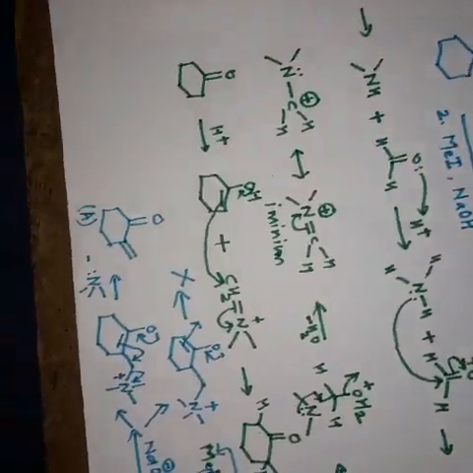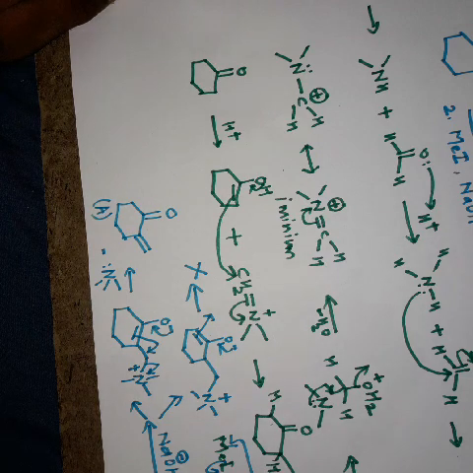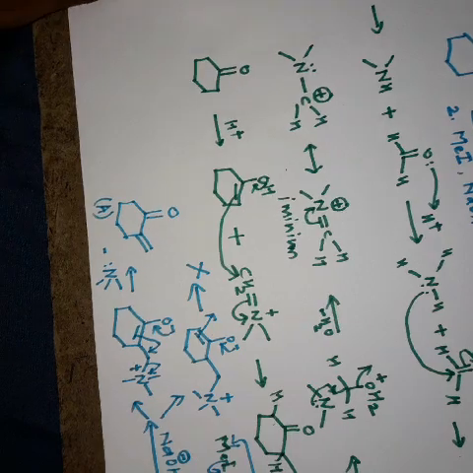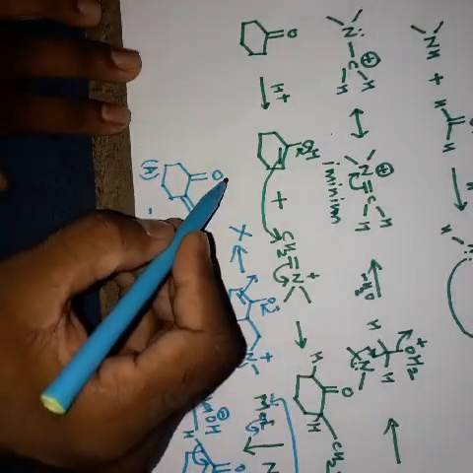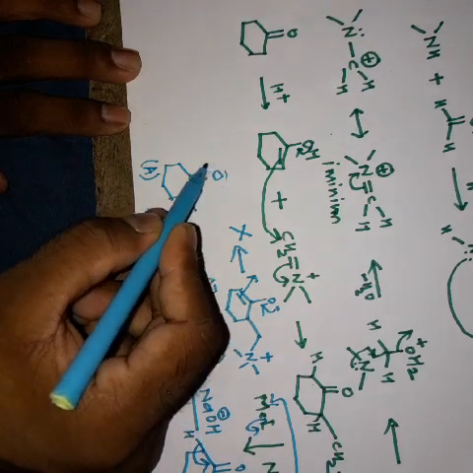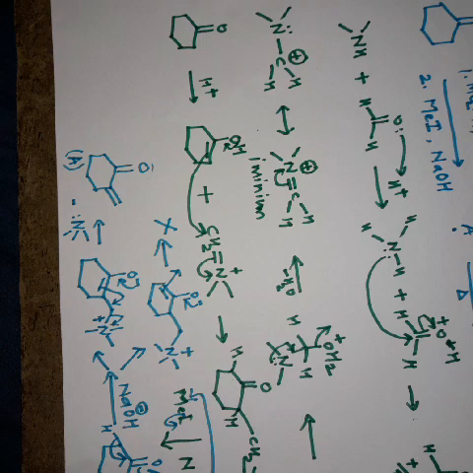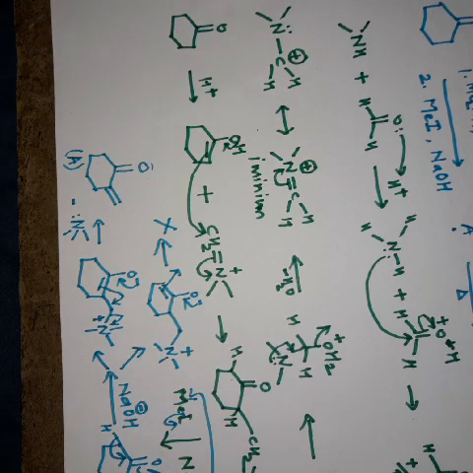As far as the Michael addition is concerned, we need two things: one is a nucleophile and the second is an alpha beta unsaturated group. Now we have the alpha beta unsaturated group. If you don't know the Michael addition reaction, you can follow my first video on Robinson annulation.